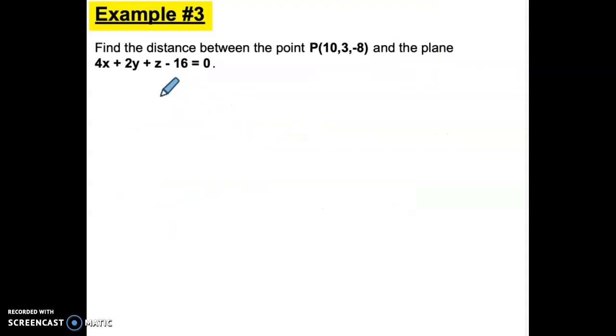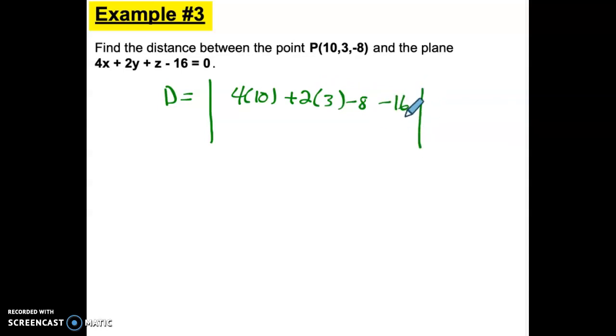So, just like before, we're doing the absolute value. We're going to take our Cartesian form here and we're going to sub in point P for X, Y, and Z. It's all over the magnitude of the normal, and the normal is 4, 2, 1.